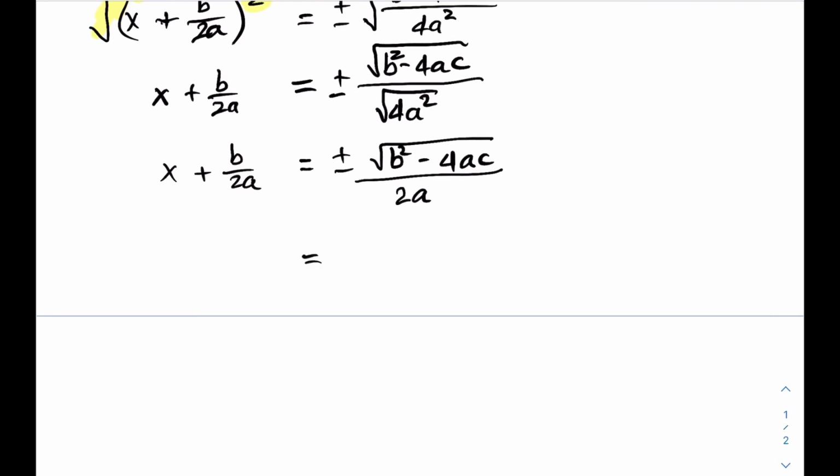Next, we will subtract b over 2a from both sides, which is the same thing as moving this over, changing the sign.